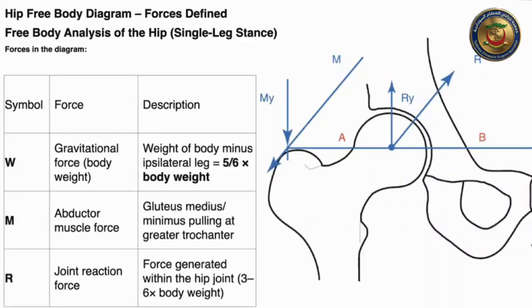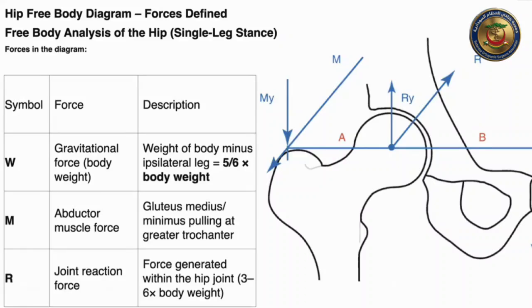Here we reach the most important slide. This is the free body diagram of the hip. This is one of the popular questions in the oral exam or viva, to ask you to draw a free body diagram of the hip. Or it actually starts with a Trendelenburg gait, or they show you an X-ray with hip osteoarthritis, and then the questions go through hip biomechanics and a free body diagram.